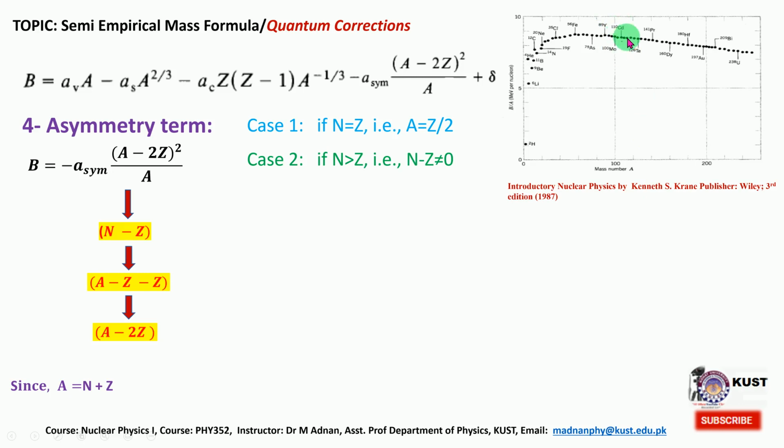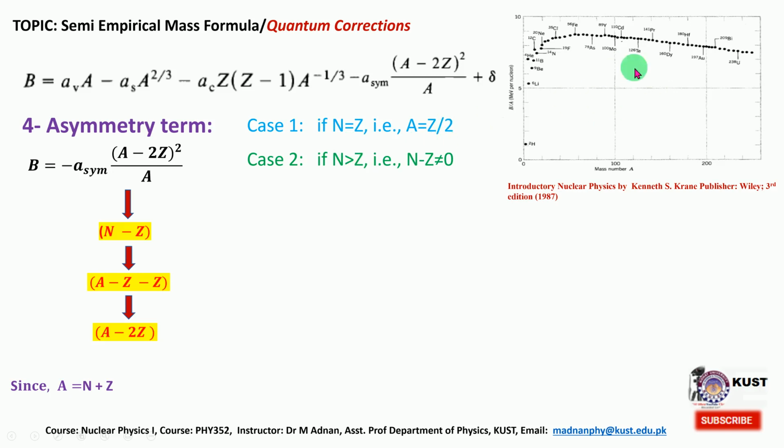So to overcome the Coulombic repulsion between the protons inside the nucleus, the stability of the system requires an even greater number of neutrons to hold the nucleus together, so that the strong nuclear force exists as compared to the Coulombic repulsion.